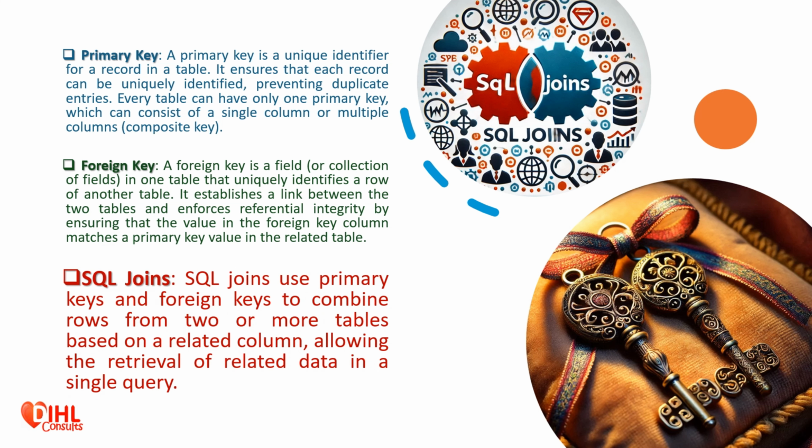SQL joins use primary keys and foreign keys to combine rows from two or more tables based on related columns, allowing the retrieval of related data in a single query. So we'll be demonstrating SQL joins in Oracle SQL Developer.